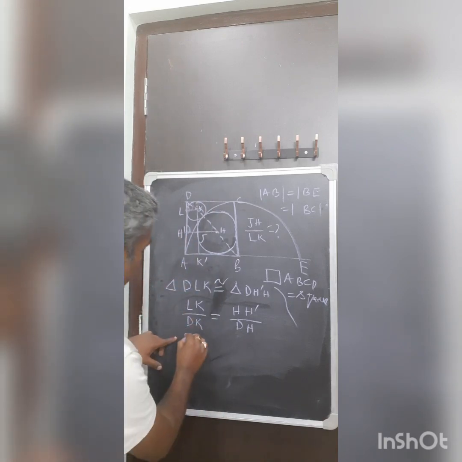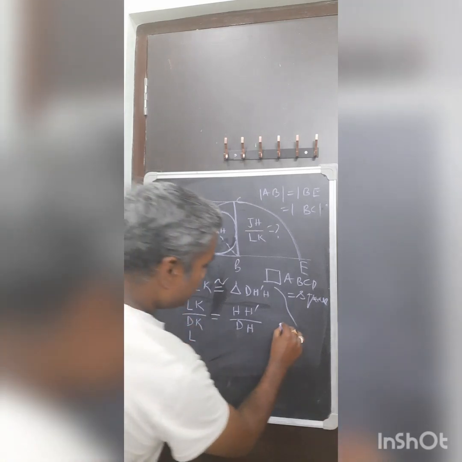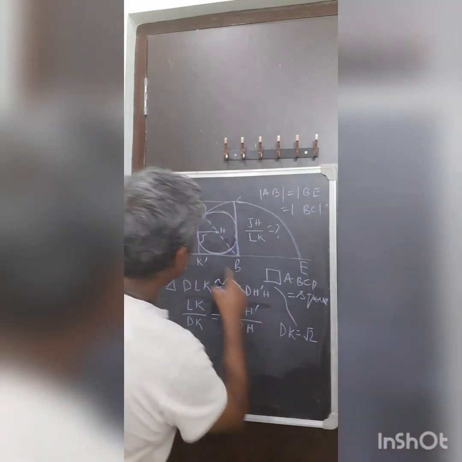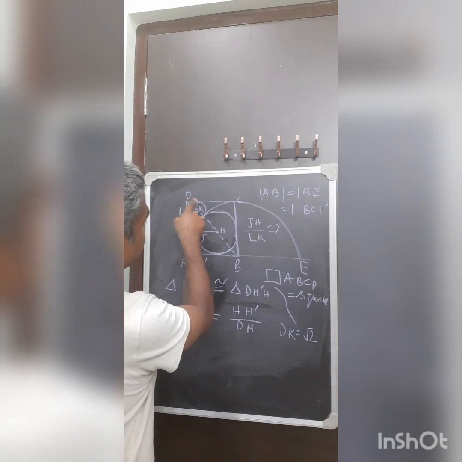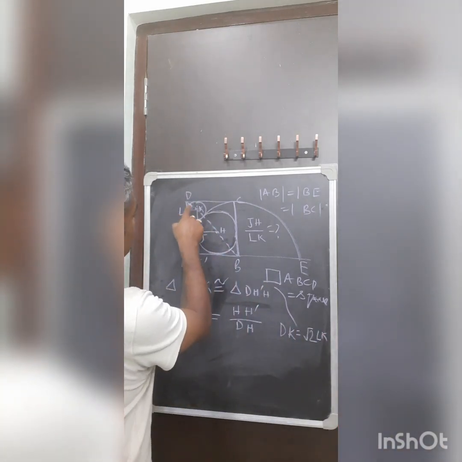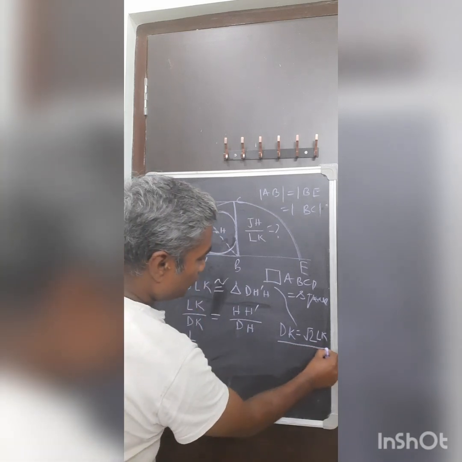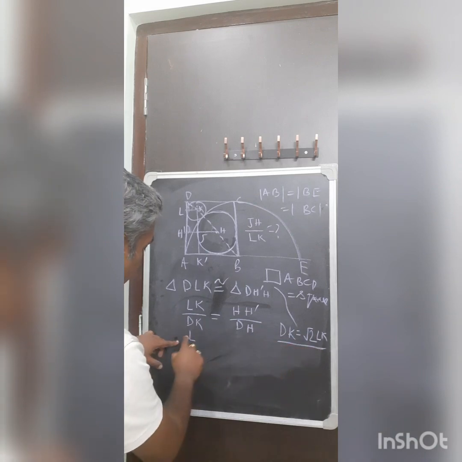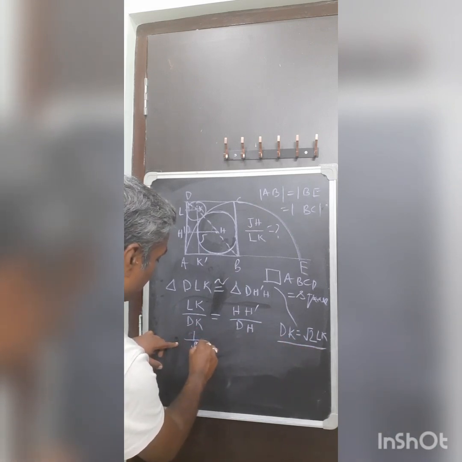So DK is nothing but root 2 times any of the sides of this square. Let's say LK is one of the sides. So DK is nothing but root 2 times LK. So LK upon DK, LK is smaller, so 1 by root 2.